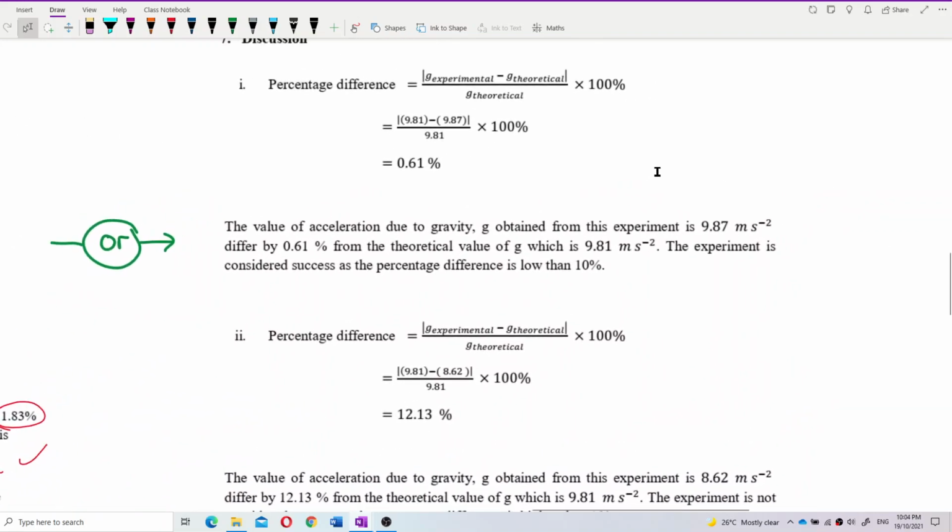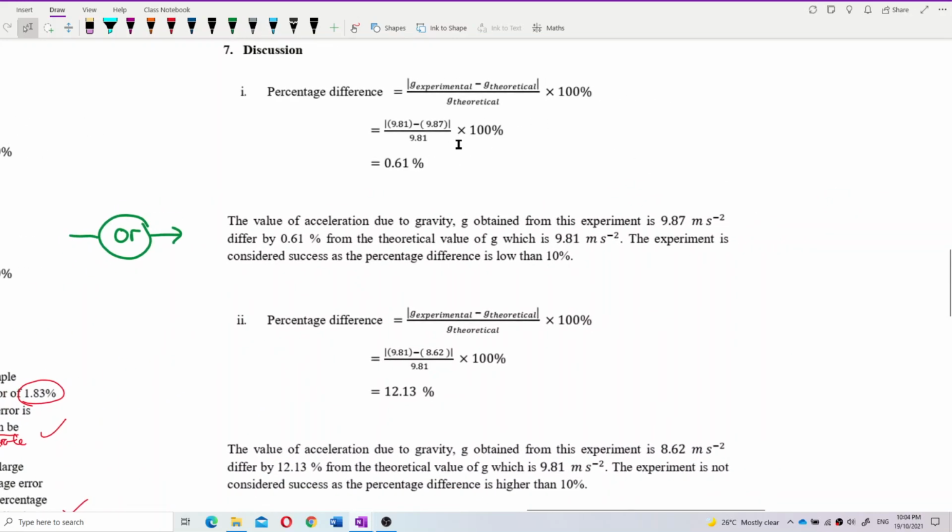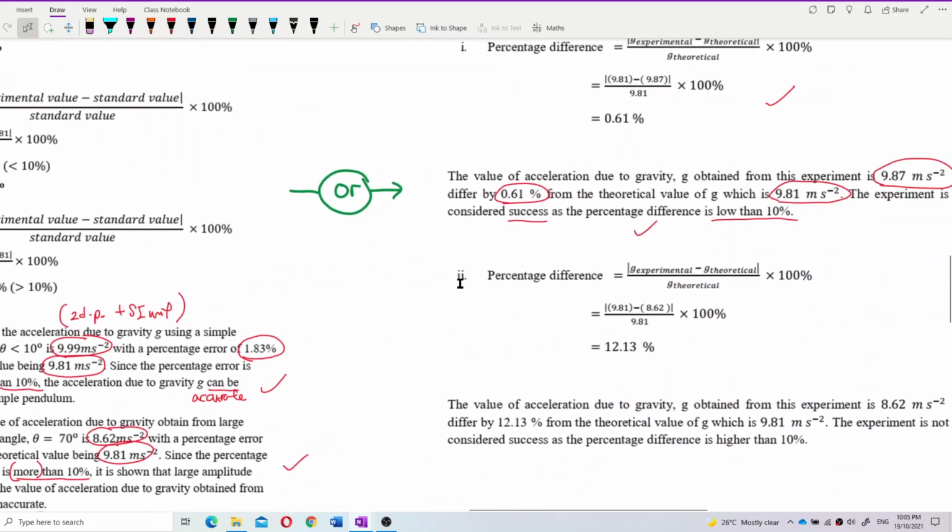Look at this one, is it correct? Calculation correct. He mentioned the experimental value, standard value, and the percentage error lower than 10%. He considers it a success. Good. You must have experimental value, standard value, and percentage error. You must give these 3 things. Understand?